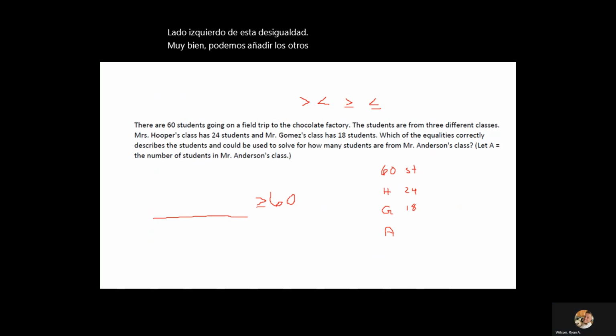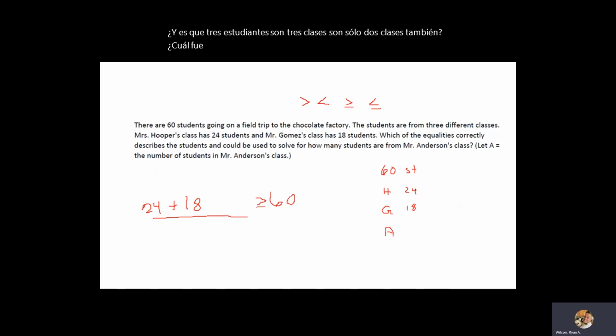We can add the other two teachers. The one teacher had 24 students, so 24. And then another teacher had what? 18. And is that 3 classes or just 2 classes? 2. So what would the last thing be? The last part says let A represent the number of students in Mr. Anderson's class.